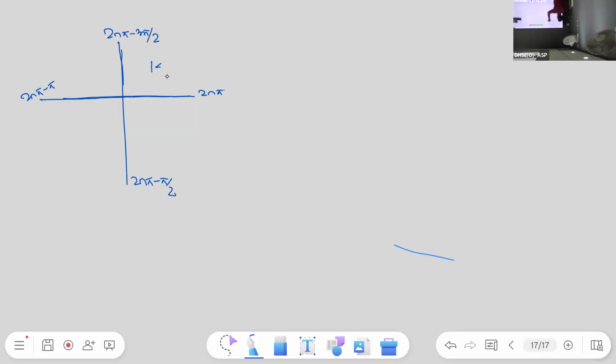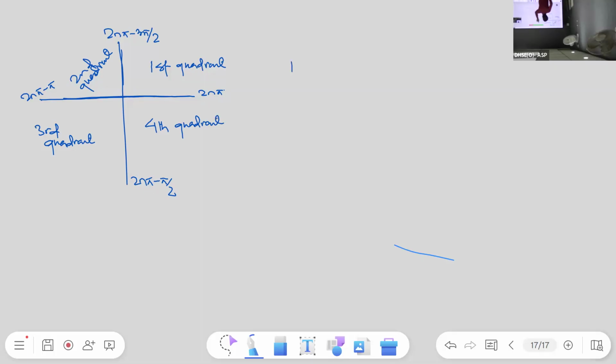This is first quadrant. This is second quadrant. This is third quadrant. And this is fourth quadrant.